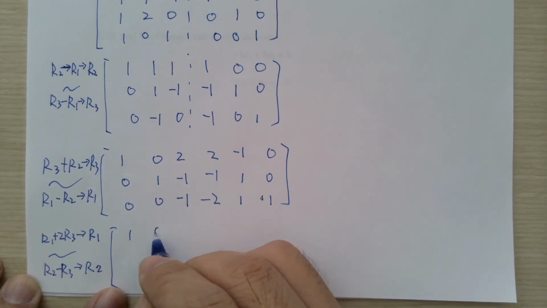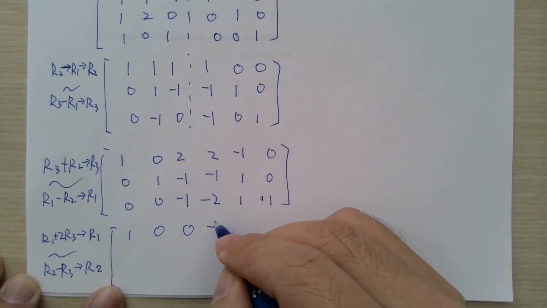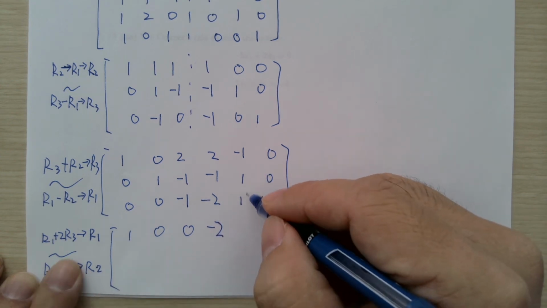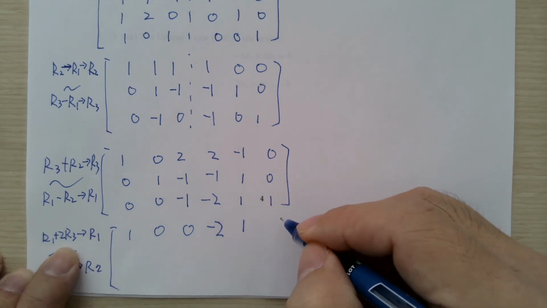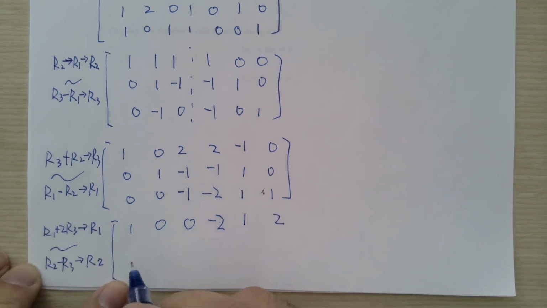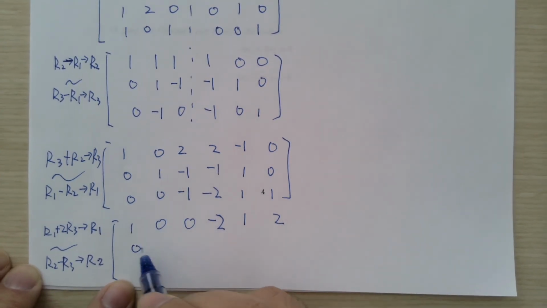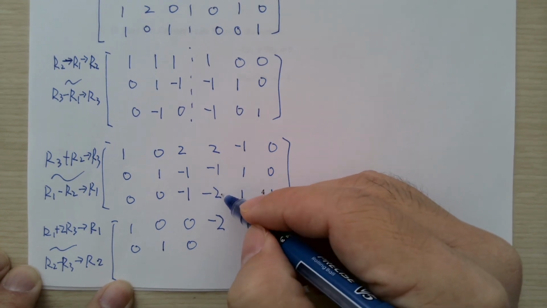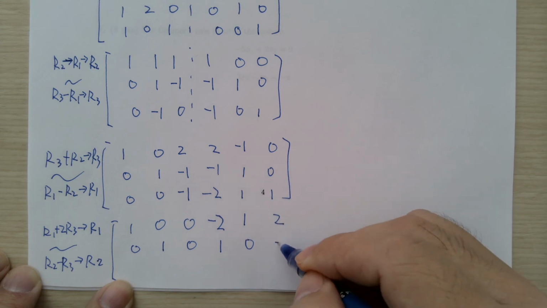So it's 1, 0, 0, negative 2, 1, 2. R2 minus R3, so it's 0, 1, 0, and this minus this part becomes a plus: 1, 0, negative 1.